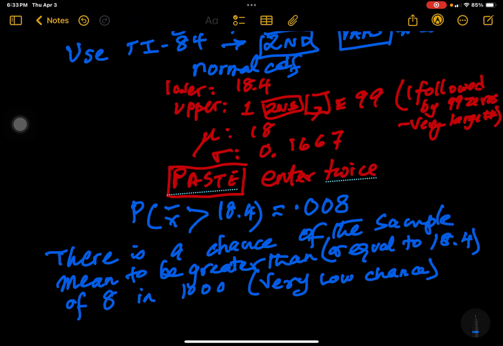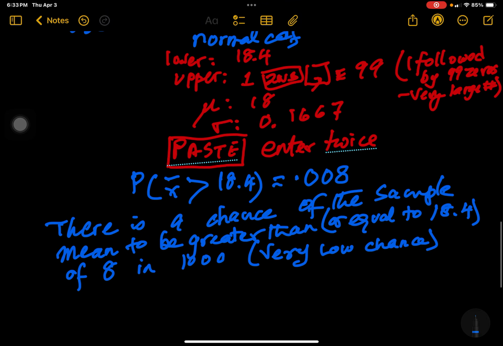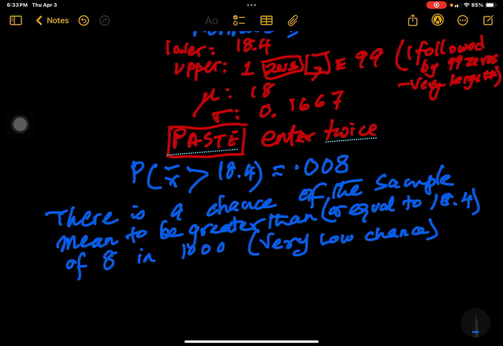So there is something wrong, because the sample is coming from the population whose mean the manufacturer claims is 18.